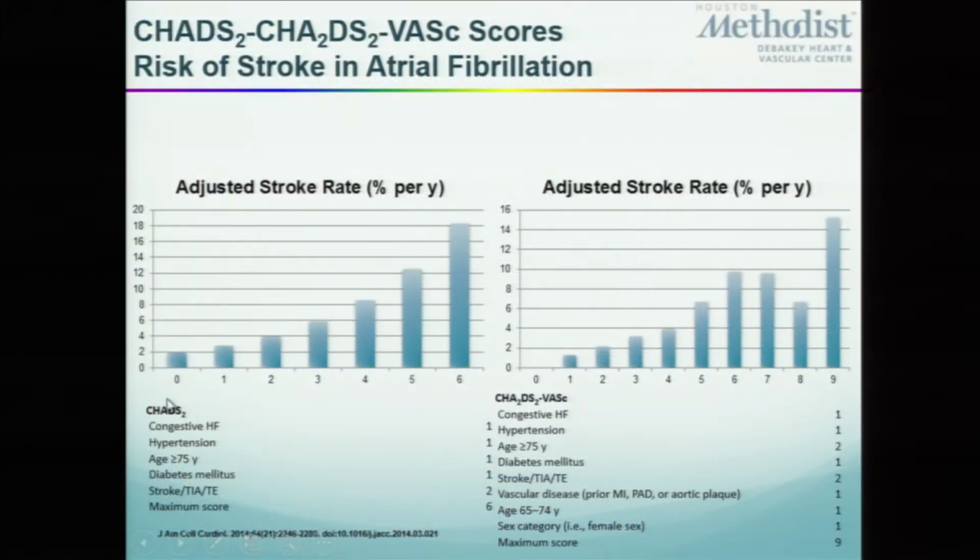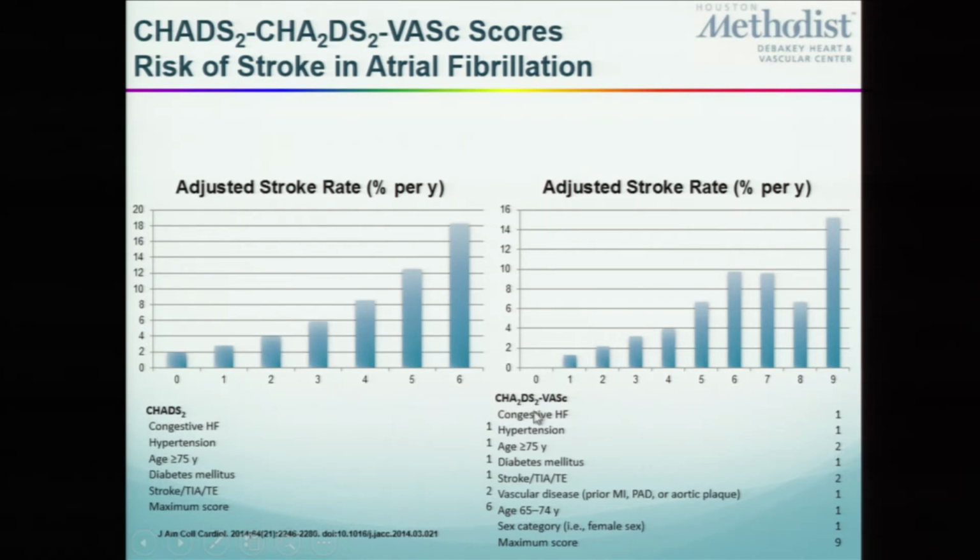A few words about the CHADS2 score, which is a precursor of the CHA2DS2-VASc. It did not include any points if you were older than 65, it did not include any points if you had vascular disease, and it did not include any points if you were female. So it was also pretty good at estimating the risk of stroke, very much a linear relationship. But it failed to distinguish those patients with such low risk of stroke that they don't really benefit from anticoagulation.